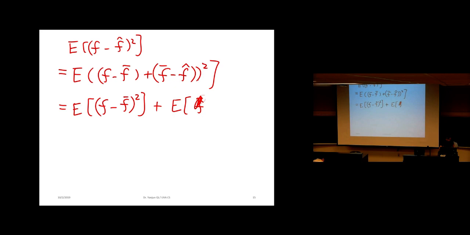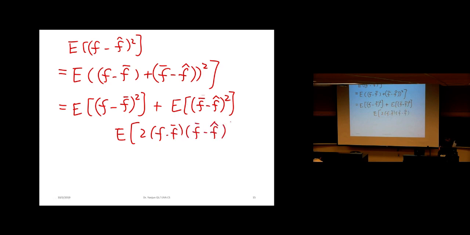Yeah, maybe let me write the other way. It's the same thing. And there's a term here. You can actually prove it's 0. So what is the term here? It's actually E[2(f − f bar)(f bar − f hat)], right? What is this?